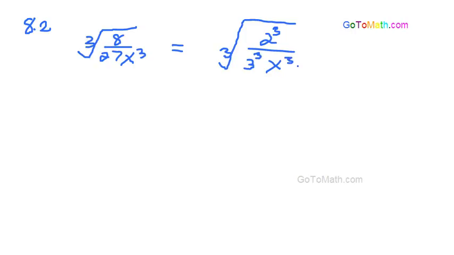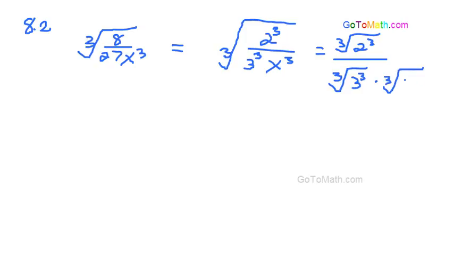So you see we got cubes here. If we broke all this up, we'd have the cube root of 2 cubed over the cube root of 3 cubed and the cube root of x cubed.